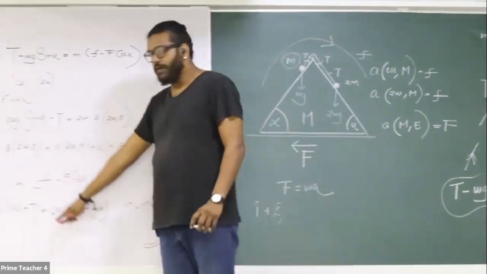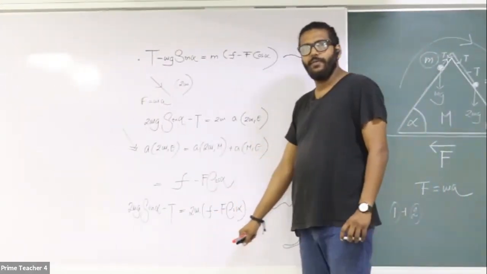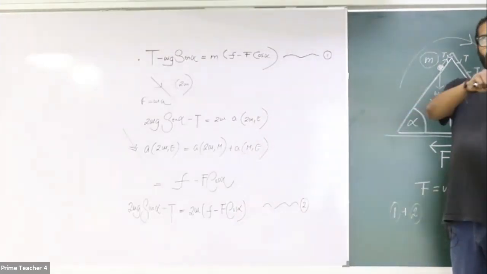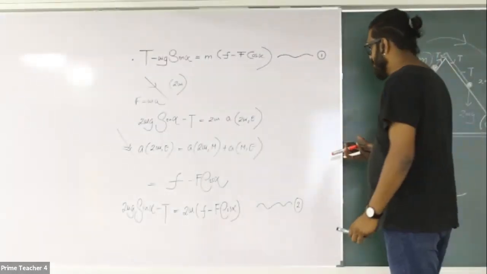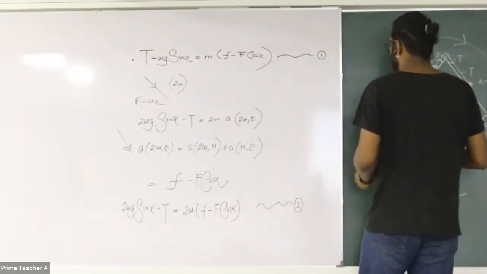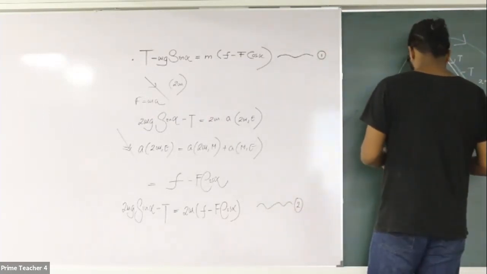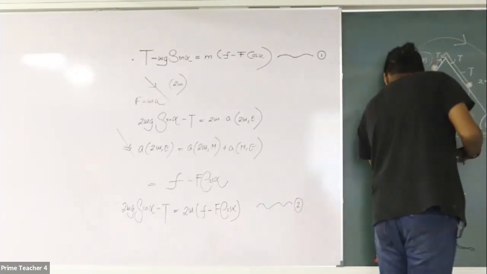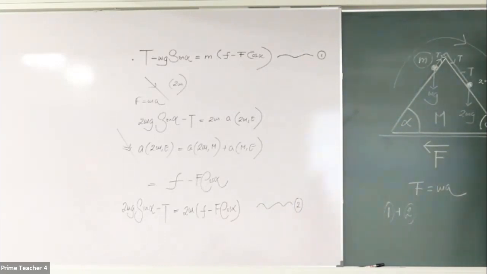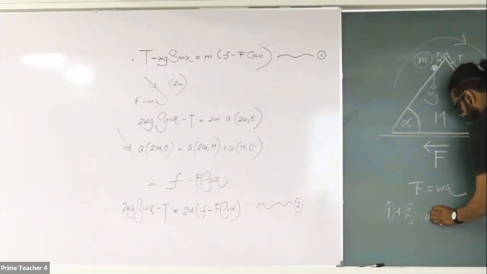This T and this minus T, right, they are going to get eliminated. So when you add them up, you get mg sine alpha.